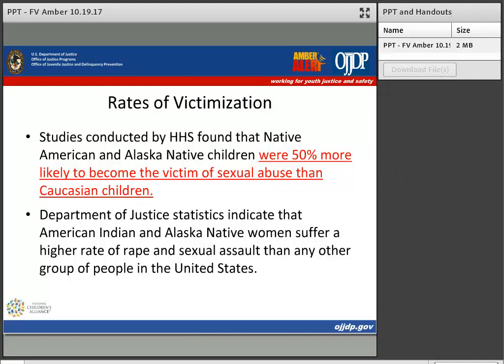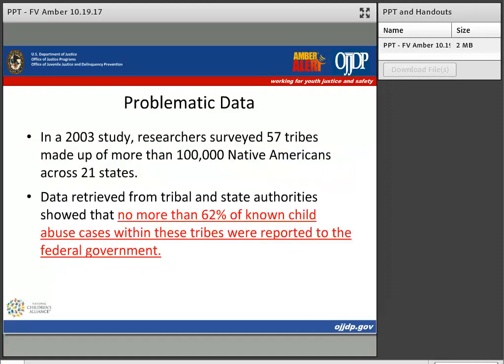Rates of victimization in tribal communities, for those that are not exposed to it, are often alarming, and in fact, I've been greeted with disbelief when we talked about the fact that Native children are as much as 50% more likely to become victims of sexual abuse than Caucasian children. American Indian and Alaskan Native women suffer from the highest rate of rape and sexual assault in our country.